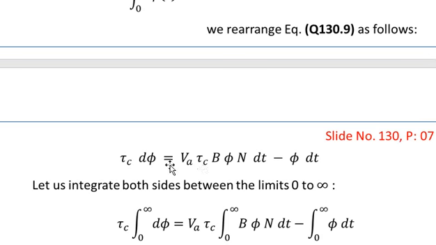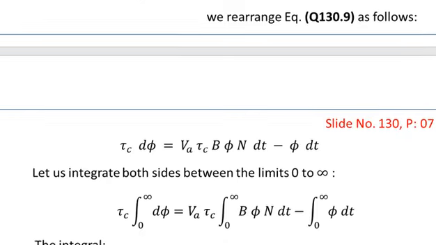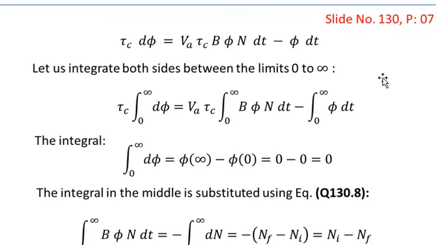Now we are going to integrate all the terms from 0 to infinity, because we want to find out the value of this expression. It means that we need to evaluate this expression and this expression. Once these two expressions are evaluated, we shall substitute their values and then we can find out this expression.